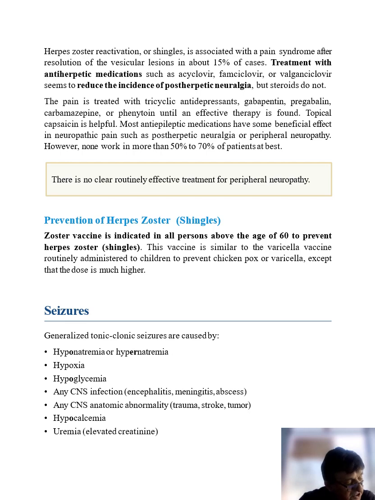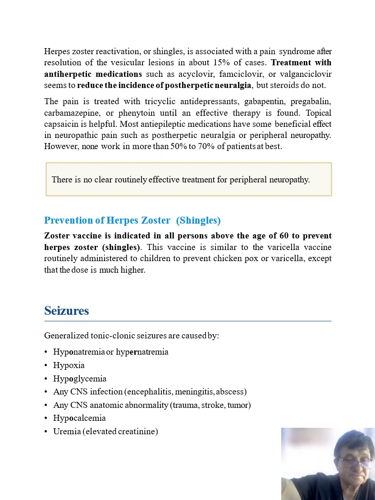All of the metabolic, toxic, and CNS anatomical problems previously listed can cause confusion, or difficulty with arousal, described as delirium, stupor, obtundation, or coma.